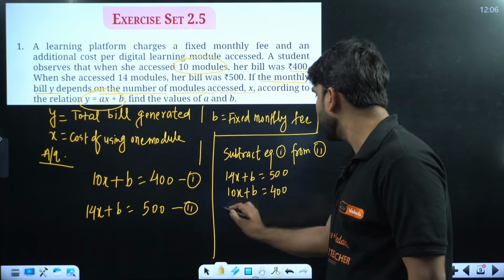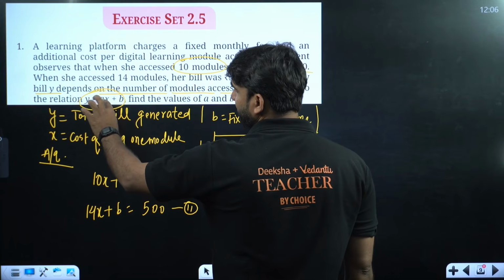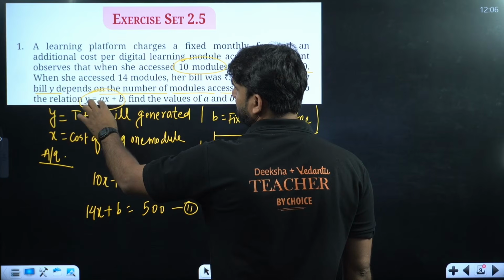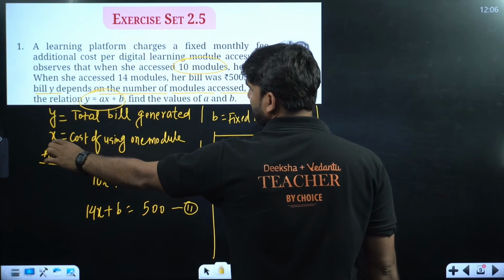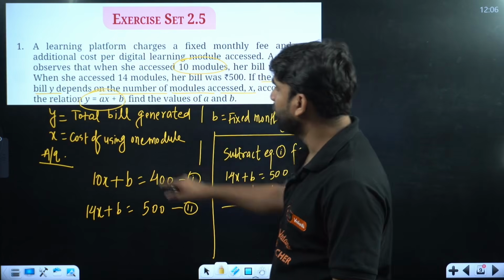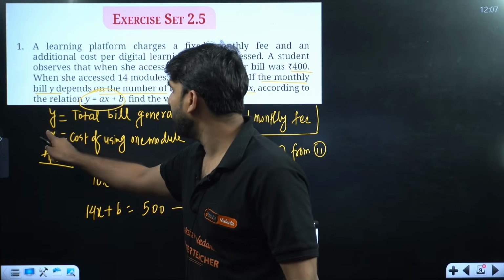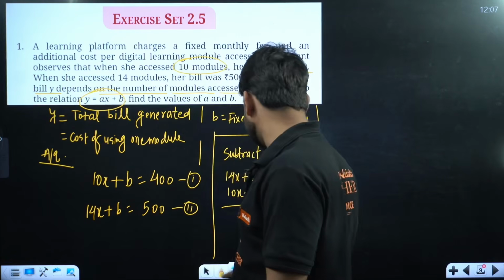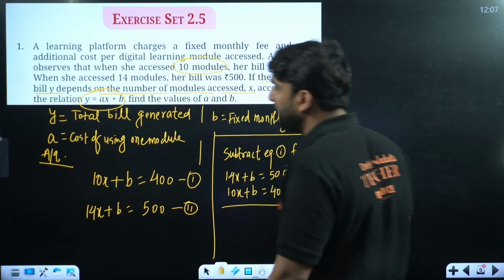Basically, in the question here it is aX, where a is the cost and X is the number of modules. So to match the exact scenario, we can write a here, so that you will be able to find it.